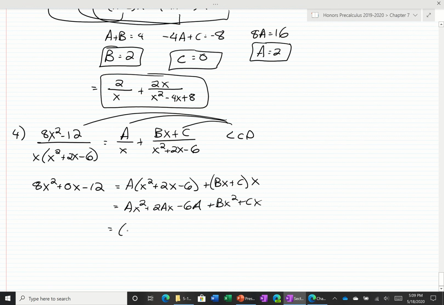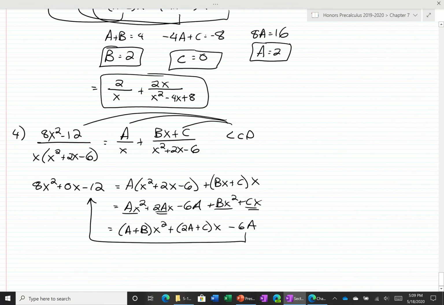Grouping our quadratic terms together, grouping our x terms together, and then we have minus 6a, which is equal to negative 12. So a would be 2. If a is 2, 2a plus c has to equal 0.